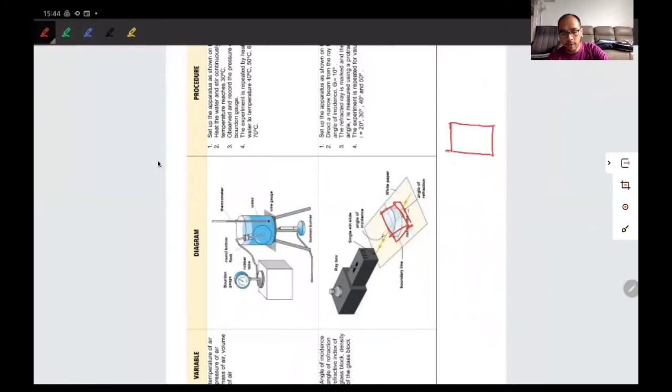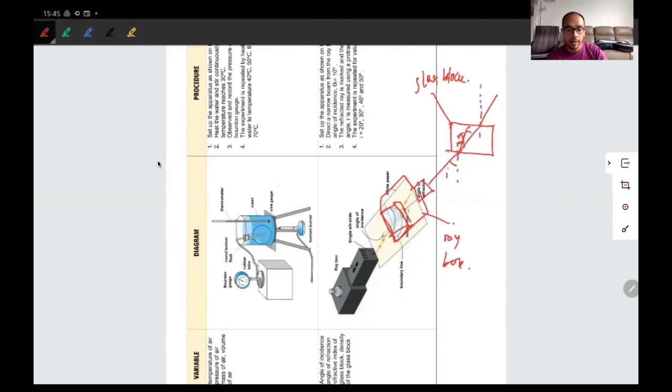Then you have a ray, so you draw the ray box over here. And then after that you draw this. That's all you draw actually. Then you label lah. This is the glass block. This is the ray box. Then you write down here this I, and then over here lah, actually this is R. Oh no, sorry, this is R.